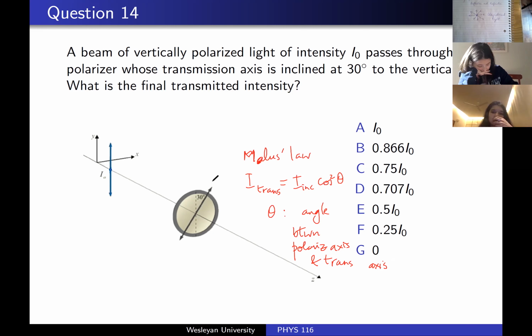The other thing that happens when the light passes through is that the transmitted light is now polarized along that 30-degree angle.